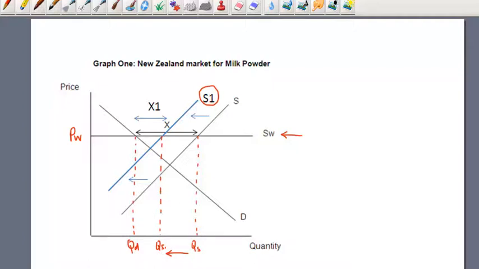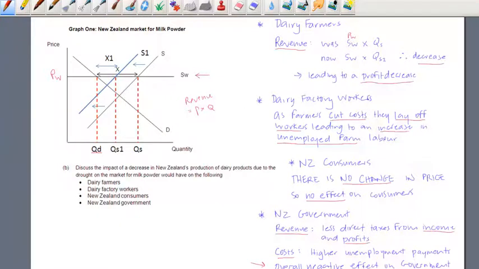So overall, let's have a look at the effect on the various players in the market. Most of you know that revenue is price multiplied by quantity. If we start with the dairy farmer's revenue, it used to be PW times QS. PW is the price they were earning, and they were selling that quantity, QS.